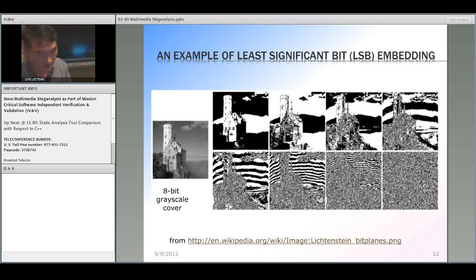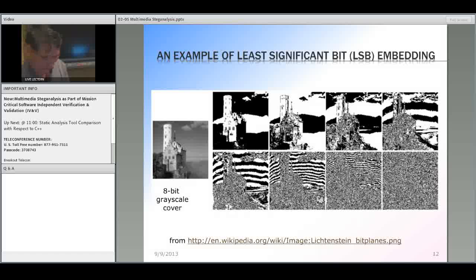It shows the differences in a grayscale picture. By the way, in the research, a lot of the experiments were done on grayscale images, for the reason that it is much harder to detect steganography in grayscale images.